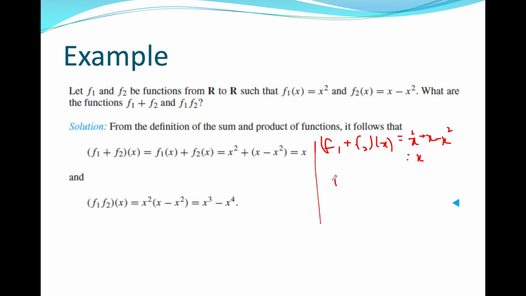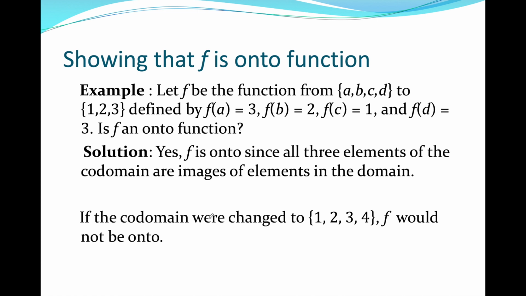The same goes for f1 f2, sorry for my handwriting. It is x squared times x minus x squared. Then you will see this result. So it becomes x to the power of 3 minus x to the power of 4.